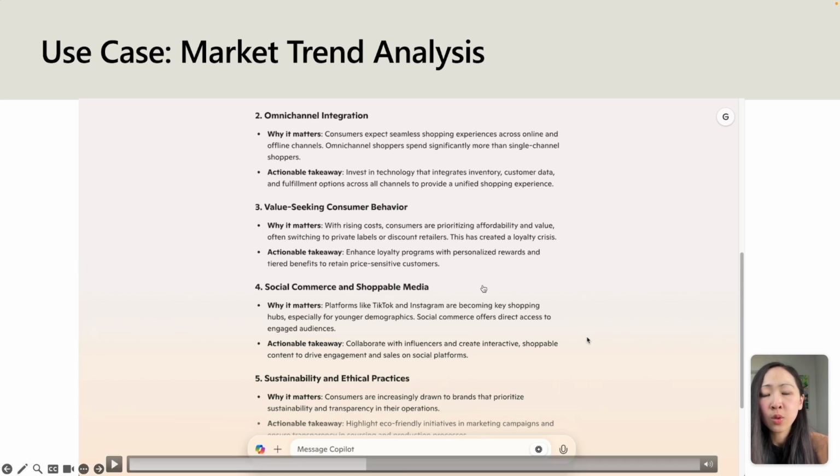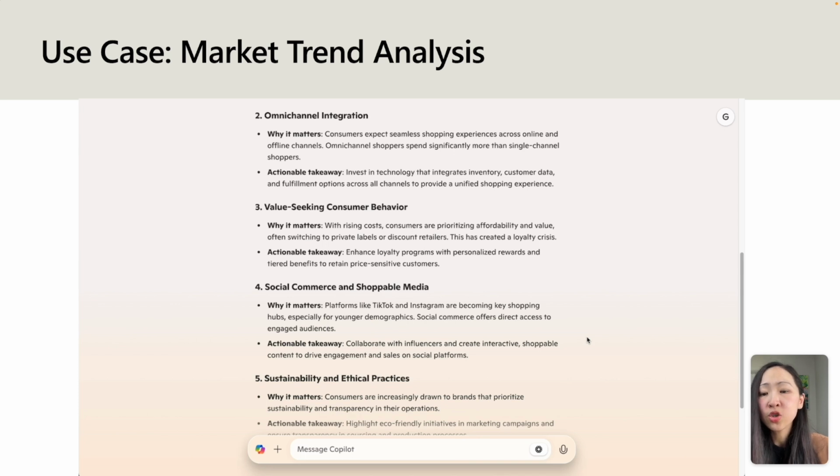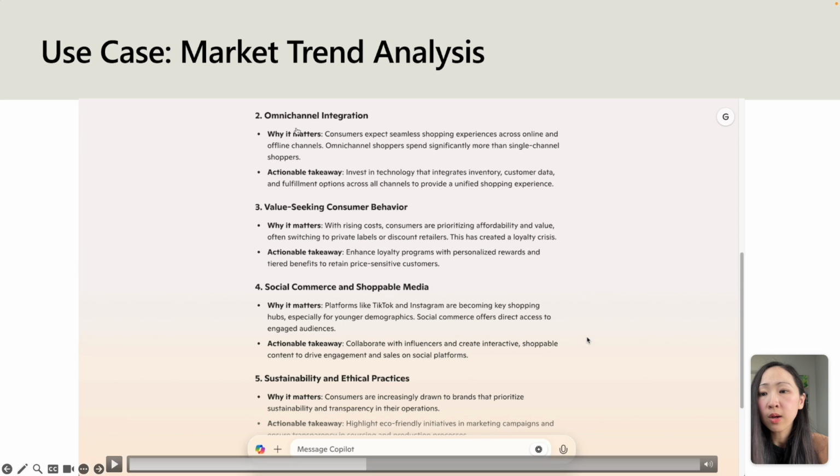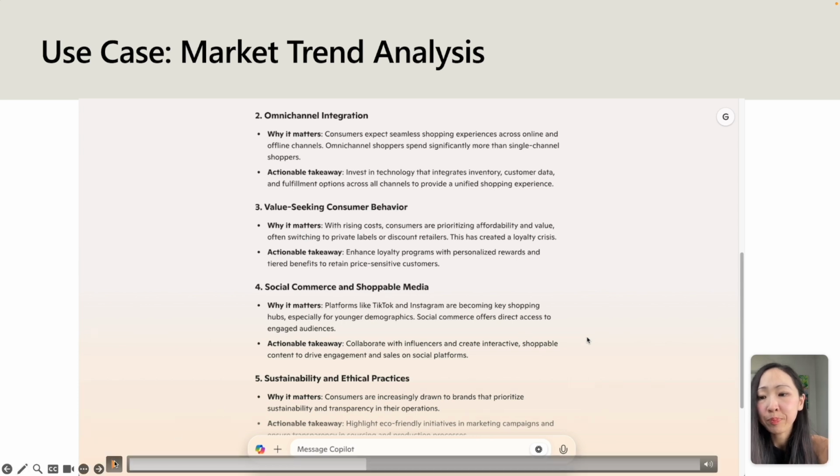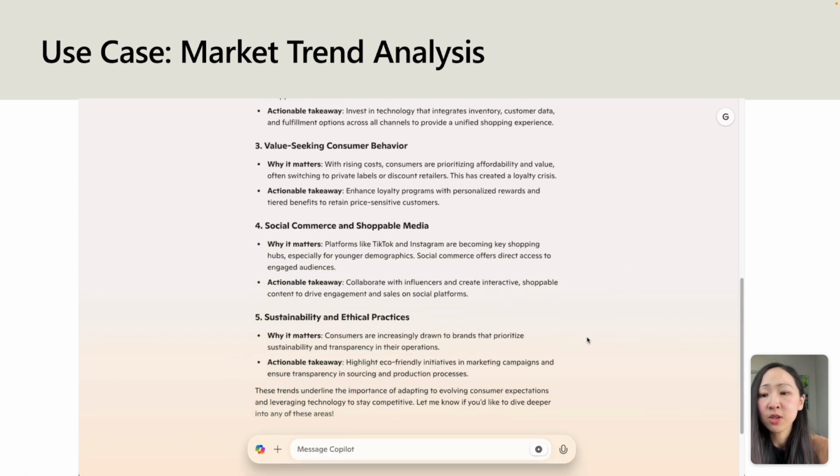In this case, it comes up with omni-channel integration, value-seeking consumer behavior, and social commerce, and these have significant implications for a marketing strategy. You can also ask it to give you the actionable takeaways, like what actions you need to be aware of based on this trend. This is so useful because it will give you the insights much faster.